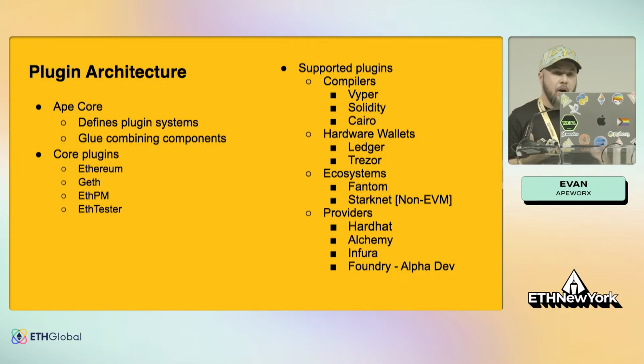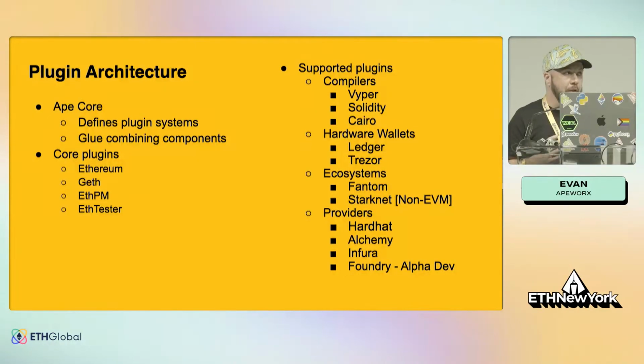So then we have what we call supported plugins that are written by ApeWorX employees like myself. They fall into some different categories. We have compilers, so these are language-based. This is what's going to convert your Vyper, Solidity, Cairo into an ABI or contract type bytecode. We currently support hardware wallets, Ledger and Trezor.